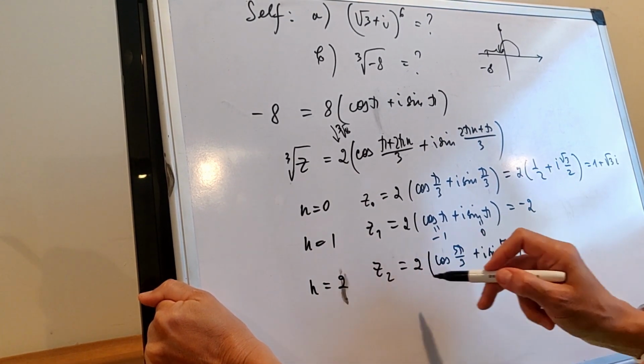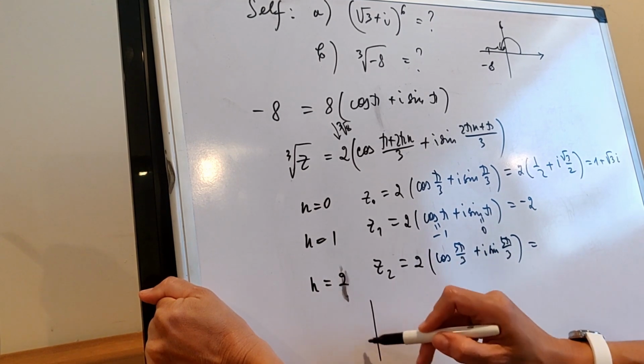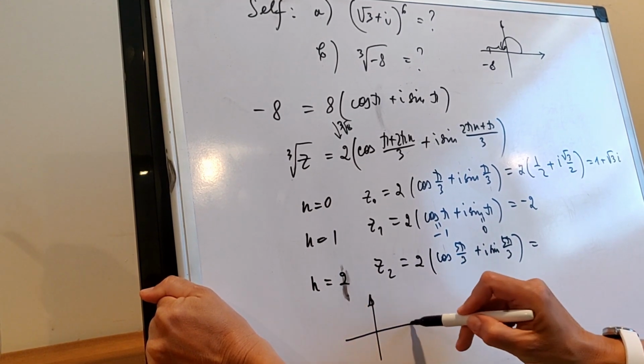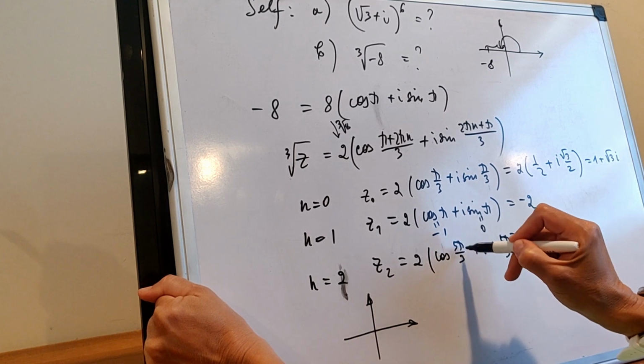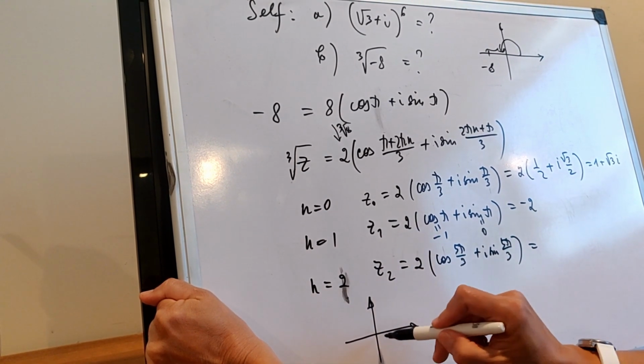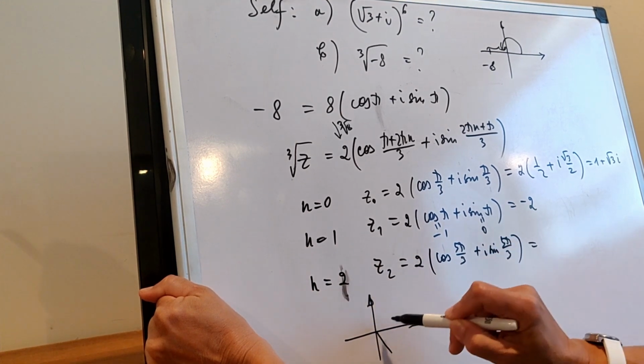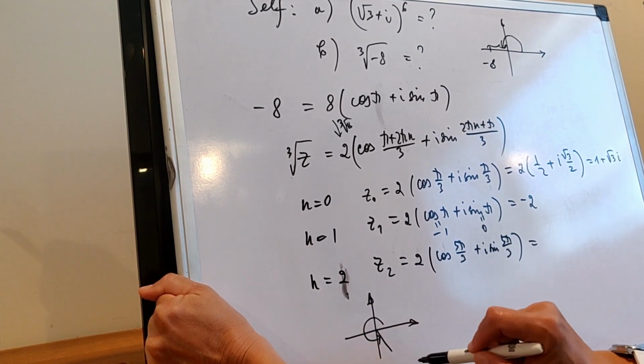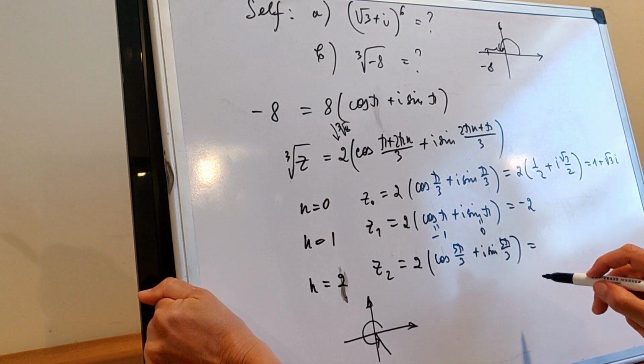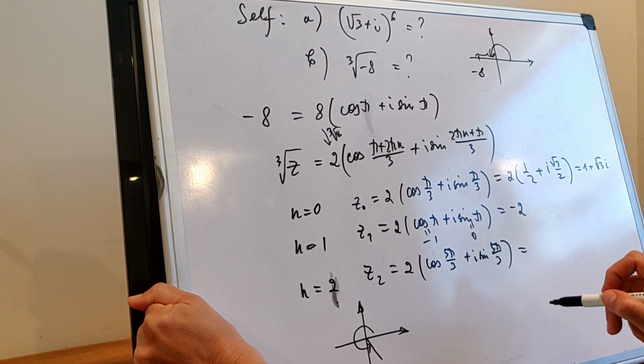Well, I just need to calculate what it is going to be. Maybe, guys, you still remember how we do this with numbers which are not from the table, right? 5 pi over 3 is going to be an angle somewhere here. It's almost 6 pi over 3, which is 2 pi. So the angle is somewhere here. So the cosine is going to be positive and sine is going to be negative.